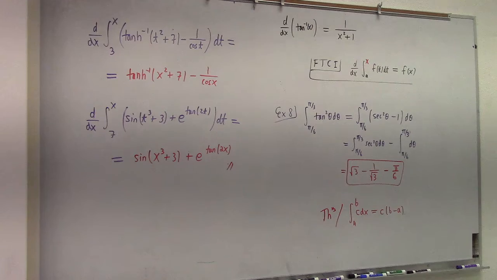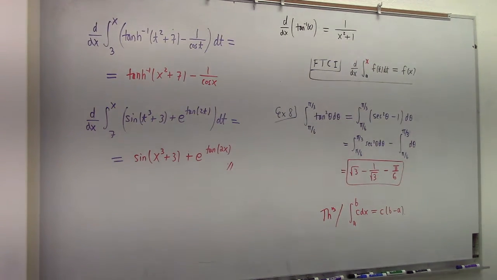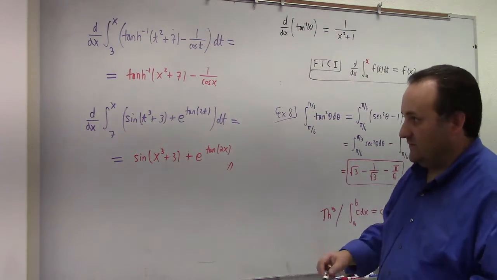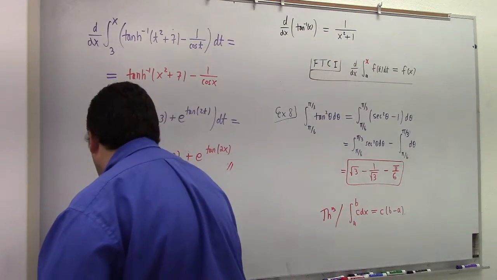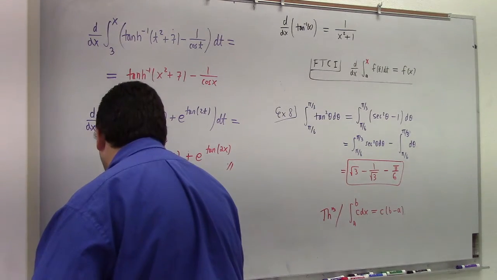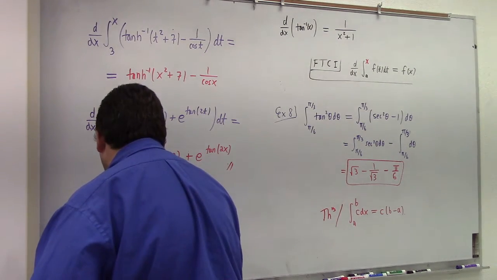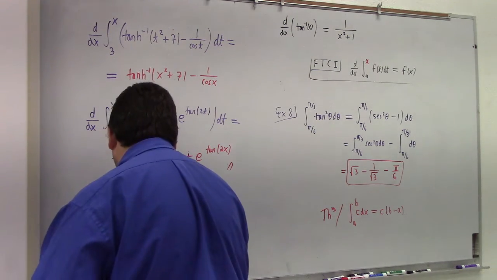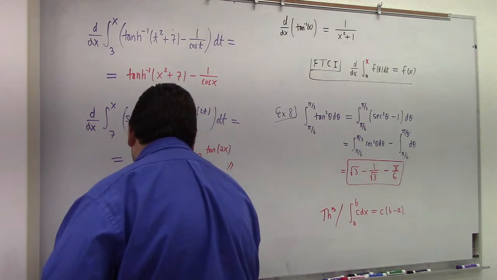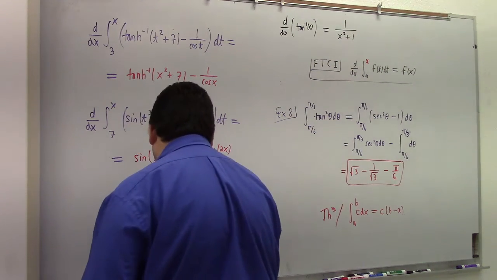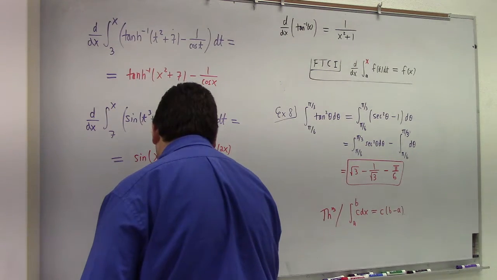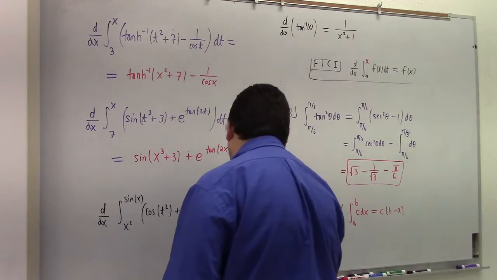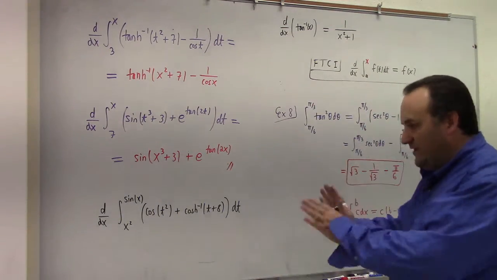So I will warn you, I don't want you to get confused, it does get worse, it does get uglier. I'll show you what that is. If you have something like d dx of the integral from, say, x squared to sine x of cosine of t squared plus, I don't know, inverse cosh of t plus 8, then we can't just plug in x.